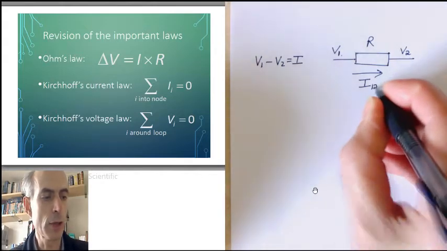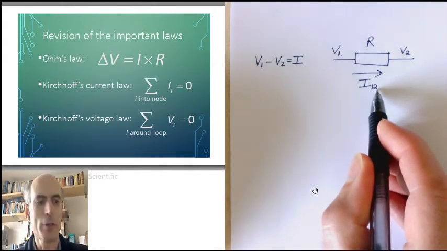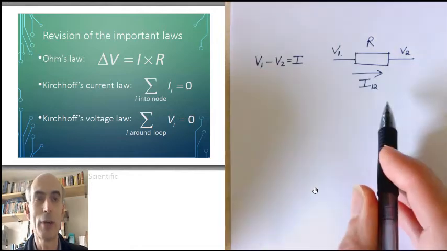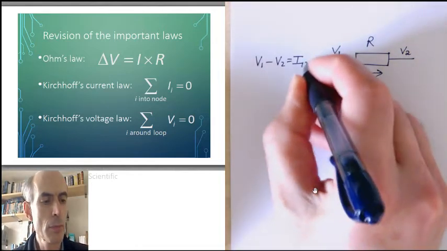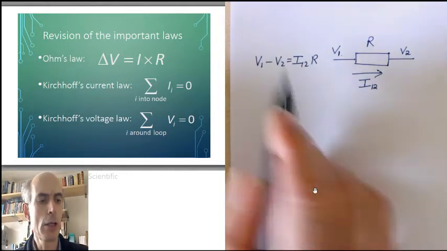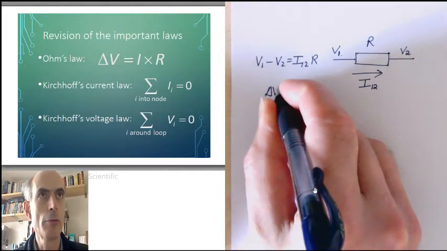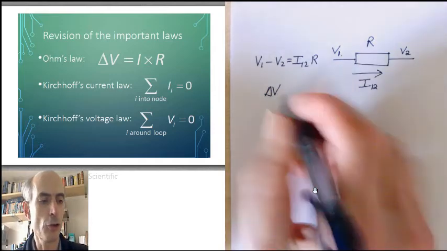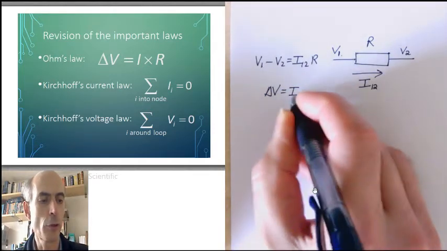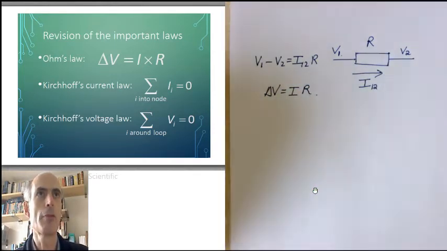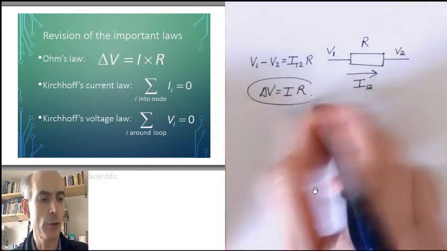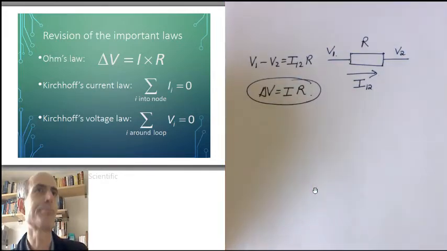Sometimes I write that as I1,2, just to make sure that I've got the current going in the right direction, times R. And I usually write V1 minus V2 as delta V. The difference in the voltages across a resistor is the current flowing through the resistor times the value of the resistance. And that, in a formula, is Ohm's law.